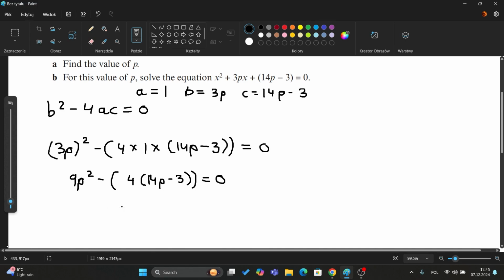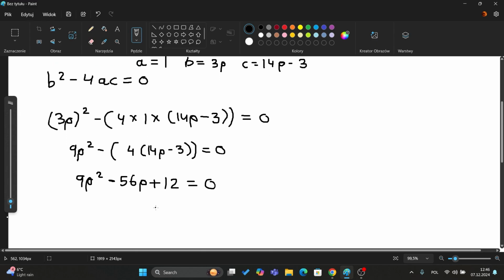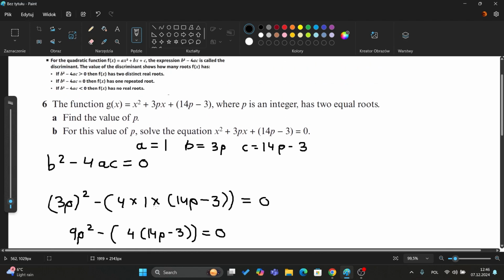Now we work out the thing in the bracket, so that is 9p squared minus 56p plus 12 equals 0, and we solve this as a quadratic equation.